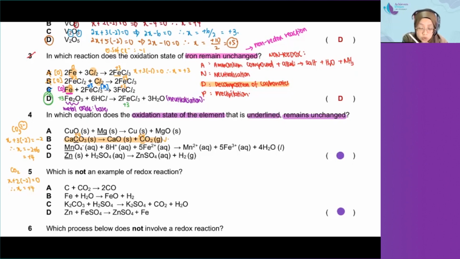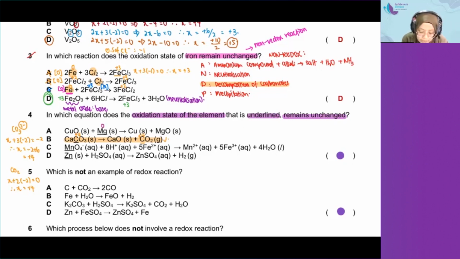But let's also calculate the oxidation state of the other underlined elements in the rest of the options. For option A, the magnesium element. Remember for question 3, towards the end of the video, I mentioned that generally, if the equation contains a free element, it is likely to be a redox reaction. Same thing for option A: magnesium is a free element, and the oxidation state of free elements is 0.